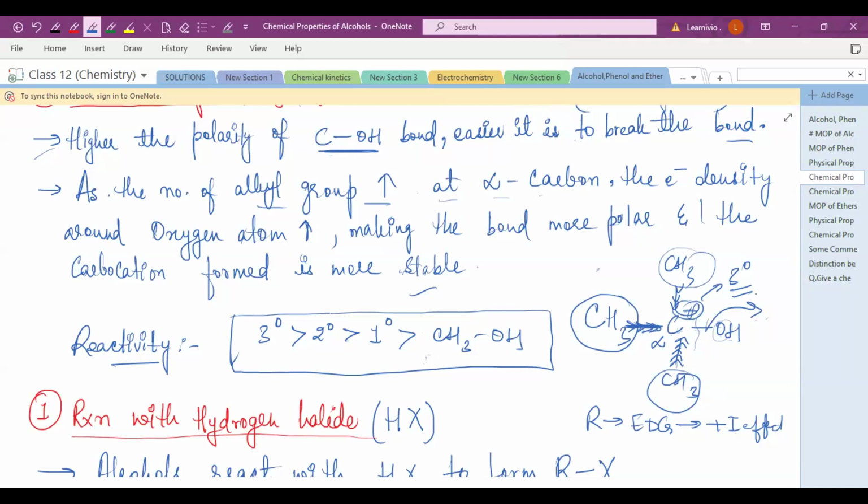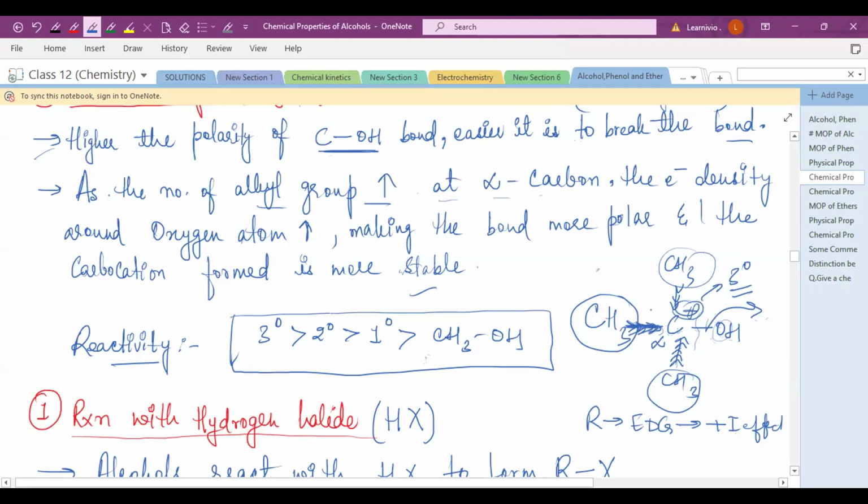The 3 plus I groups push the electron density towards the adjacent carbon, and due to that the electron density of the oxygen increases, which makes the bond more polar, and the carbocation formed is more stable. Got my point?